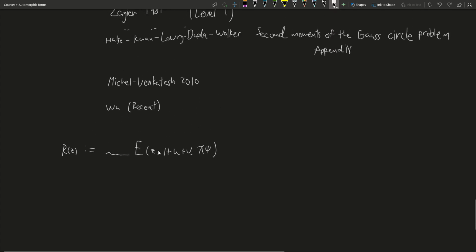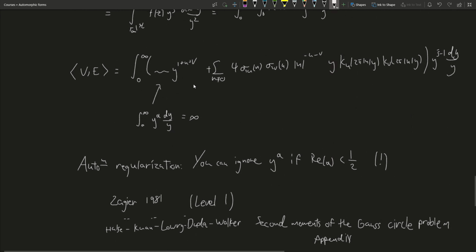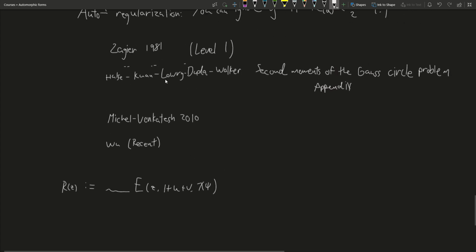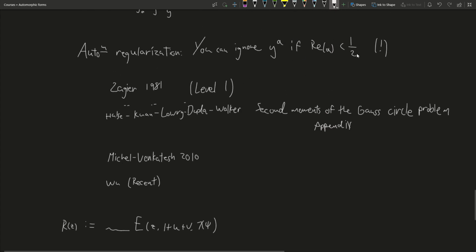And the idea here is that if you look at the constant term that we're getting, this is the power of y that we get. And by taking an Eisenstein series and subtracting it off, we're not going to have any powers of y that are too big.